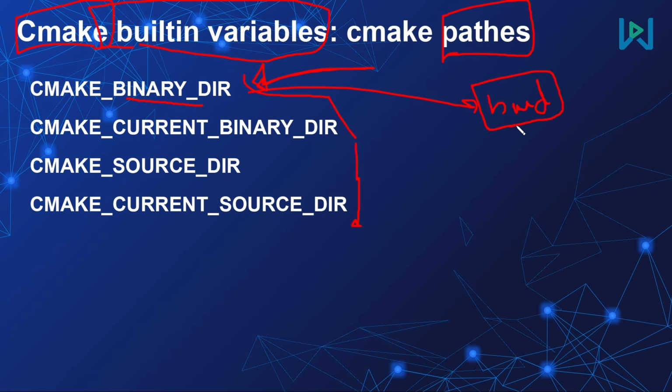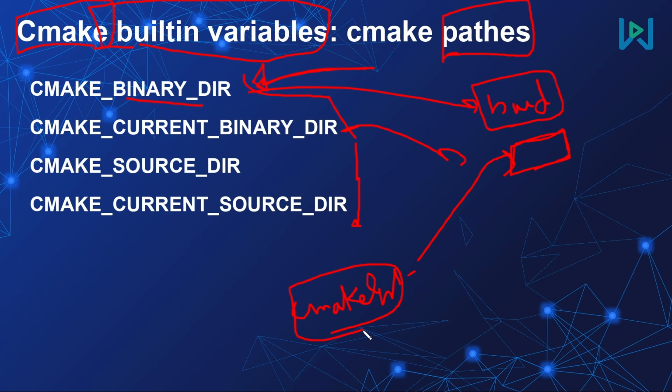Now, if you have more than a single CMake list file, this means you will have more than a single workspace that embeds the different backend files as well as the different objects and binaries. And this one is referring to the sublocation that will embed our local CMake list output workspace.